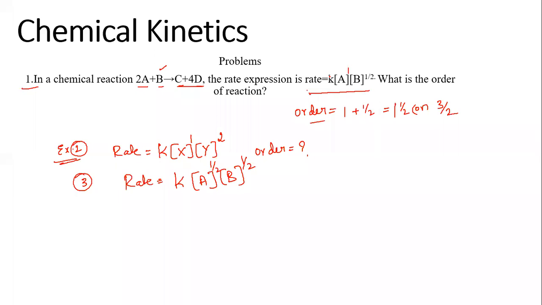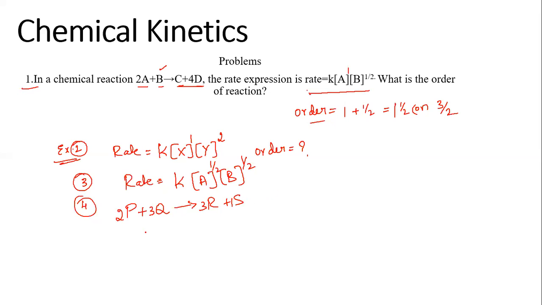Till now we discussed the order, and one more last example I'm going to give you, in which you have to find out the rate expression for the equation as well as the order. Example: here is an equation P plus Q, whose coefficients are 2 and 3, gives rise to R and S, with coefficients 3 and 1.